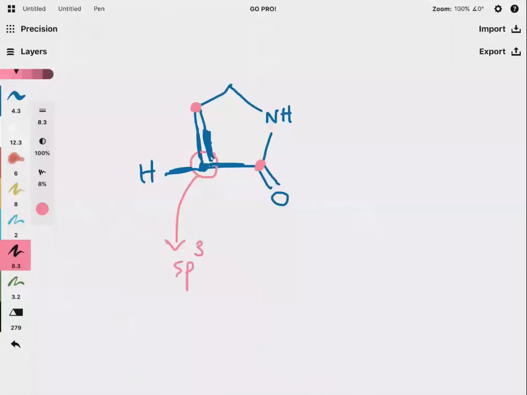Well, it's bonded to 3 different things, right? It's bonded to those other 2 pink carbons and the hydrogen. So we have a central atom that's bonded to essentially 3 different things. So this would be a trigonal planar geometry.